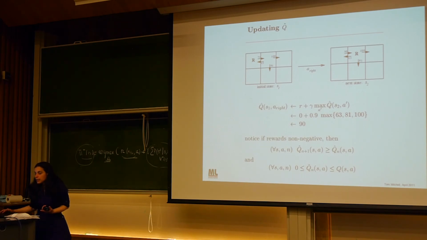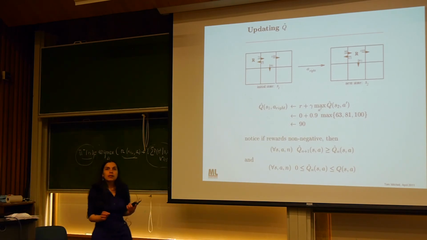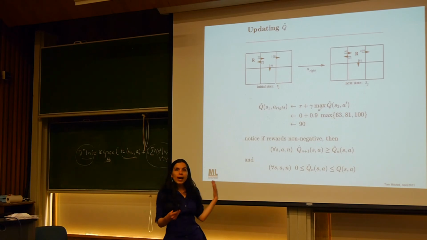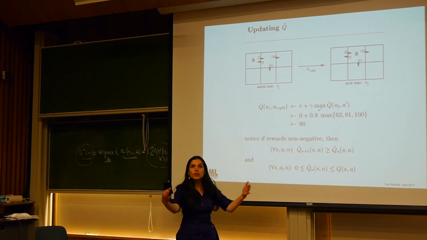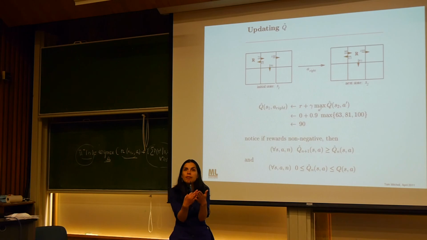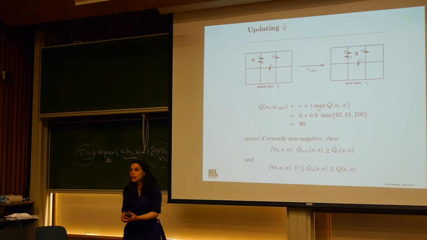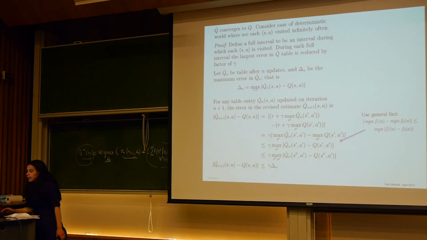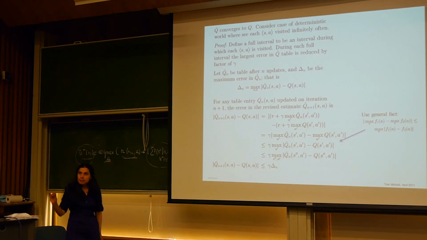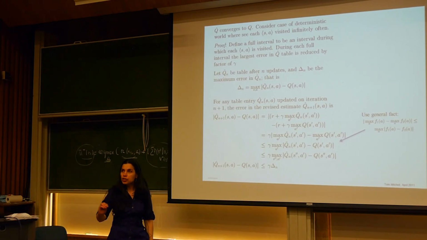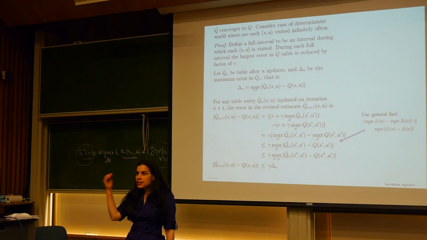Now, the interesting fact is that if the rewards are non-negative, then these Q hat estimates are only going to get closer and closer to the true Q values. And moreover, you can prove that if we visit each state-action pair infinitely often, then this really converges to the right Q values.